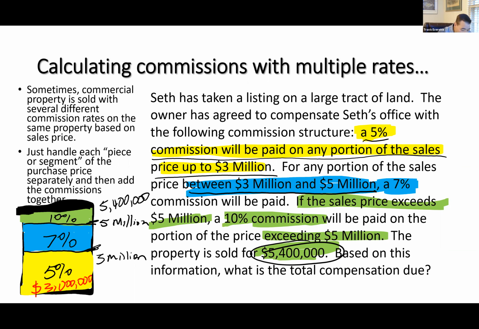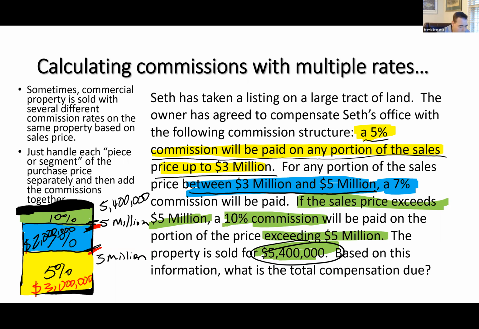Because you're going all the way up to here, which is 5, but you didn't start at 0. You started at 3. So if you're going from 3 to 5, how far did you go? That's $2 million in that box.